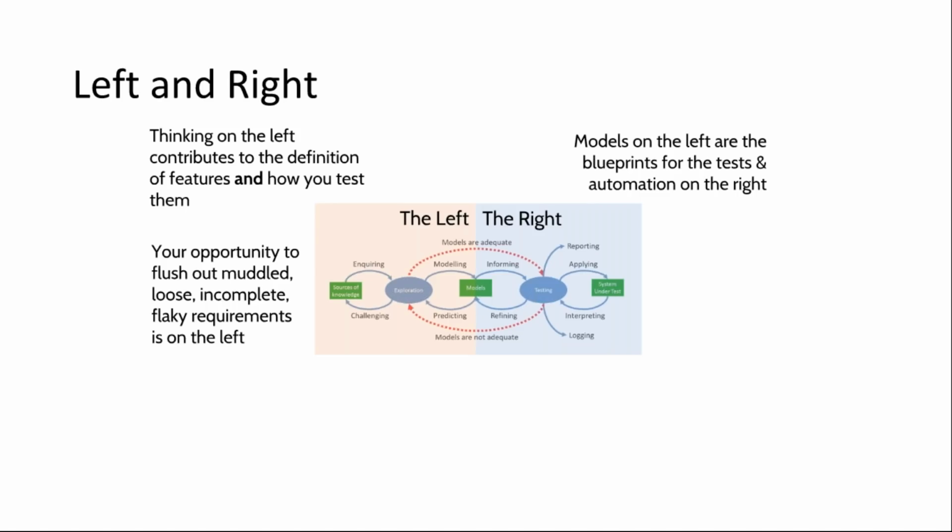So the models on the left are the blueprints for the tests and the code on the right, and the automation naturally. So if you don't have this clear understanding of the definition of the software, you can't write code, and you can't write code that tests that code. You have to have clarity and understanding of the definition before you can create meaningful test automation.